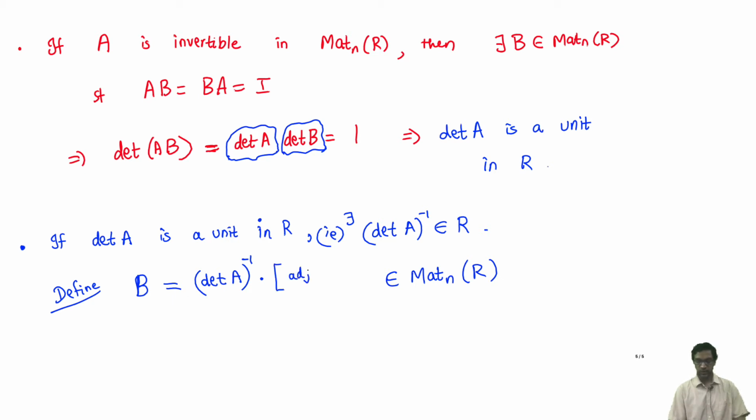Now what is the adjoint matrix? Does that make sense over any ring R? Well, it's the transpose of the cofactor matrix. The adjoint of a matrix is defined like this: you take the cofactor matrix of A and then take the transpose.